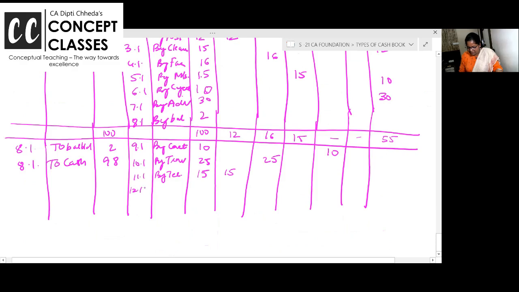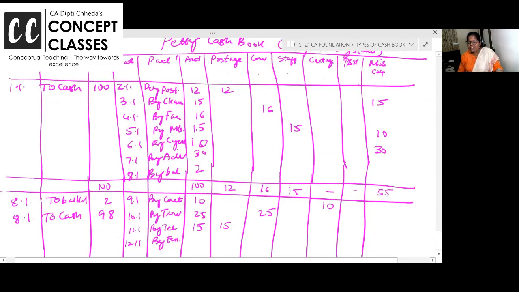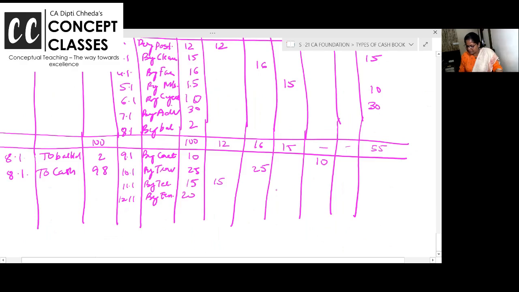On 12th of January, some entertainment we have done for the staff. So we already have staff welfare expense. 20 rupees we can put. Are you listening and writing? When I'm reading, on 12th entertainment expense paid 20. Now come and write on 12th of January, entertainment expense paid 20.